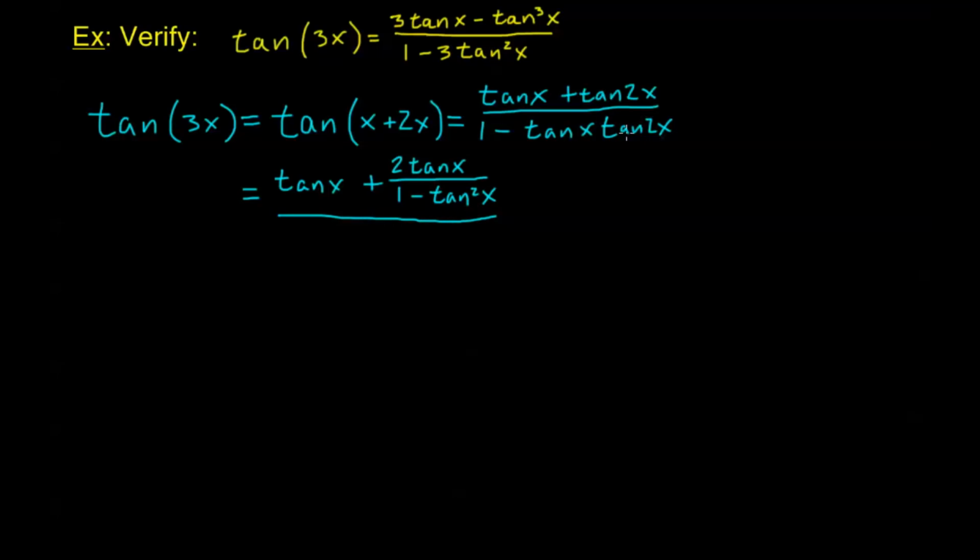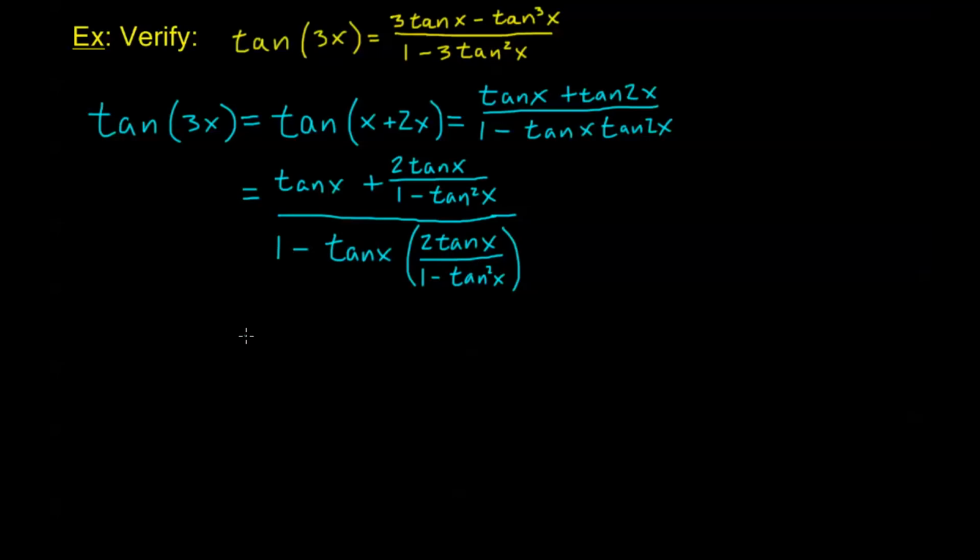Now we need to make that same substitution to this tangent 2x down here. So I'm going to have 1 minus tangent x multiplied by 2 tangent x all over 1 minus tangent squared x. Okay, so we have this quotient with fractions in the numerator and the denominator.